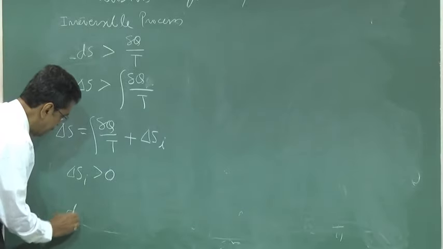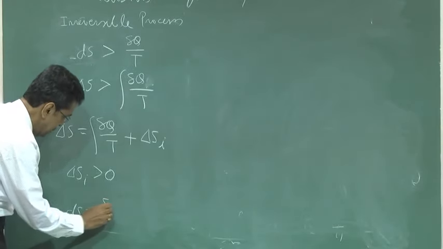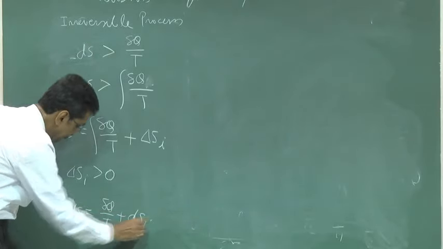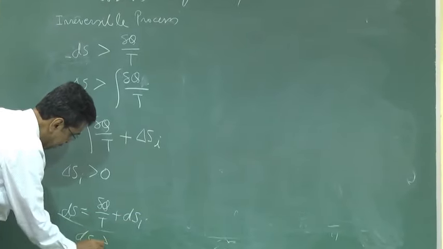This can be written in differential form as ds = delta q by t + dsi, where dsi in differential form is greater than 0.